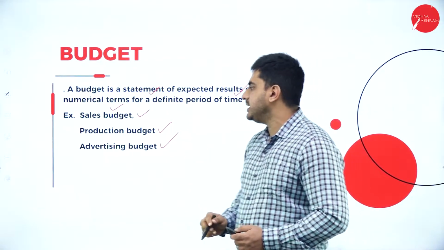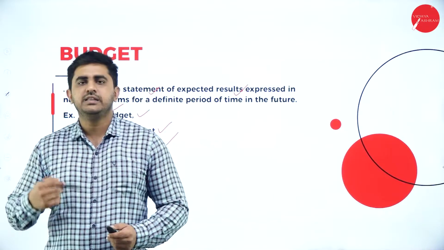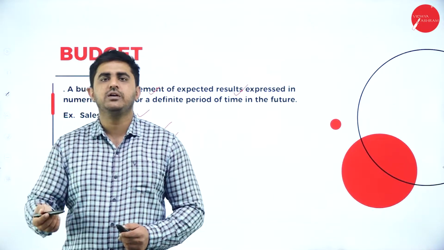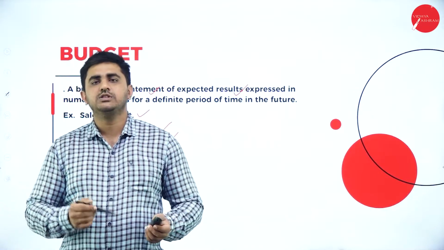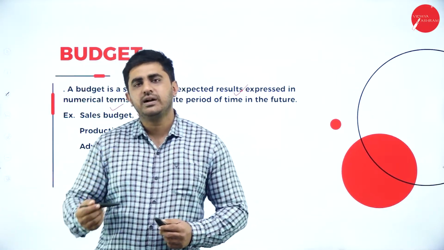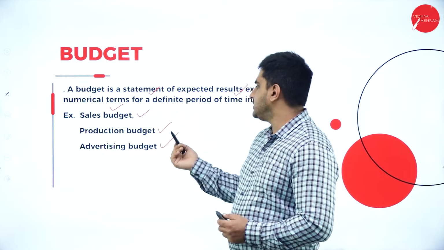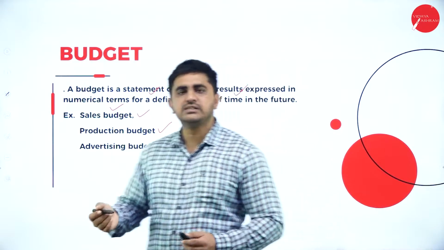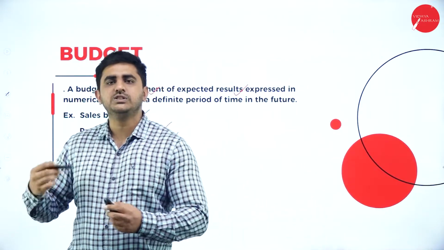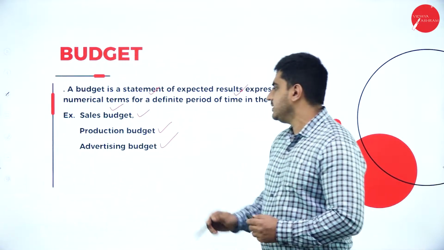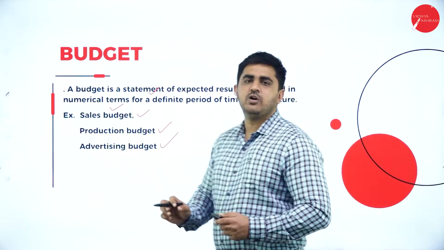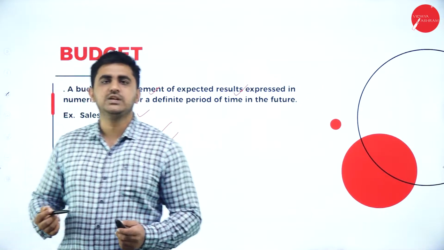Similarly, production budget is how much you are investing in the production process. To produce 1000 products, how much you are investing for the raw materials, how much salary you are paying the workers, and how much money you are giving for the operations to be carried out, like plant and machineries. That is the production budget. Advertising budget means you are coming out with an advertisement. It will not happen free of cost.